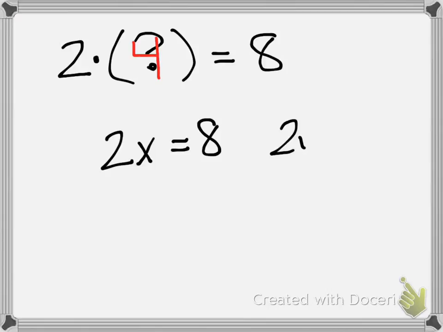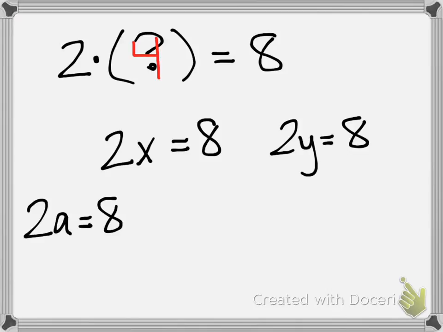Sometimes it's x, sometimes it might be y, sometimes it might be a. That is an arbitrary assignment. And if you were talking about apples, you might use a. If you talk about buses, if we have 2 times the number of buses equals 8, they might use b. The variable really doesn't matter. What matters is that you understand how to get it by itself.